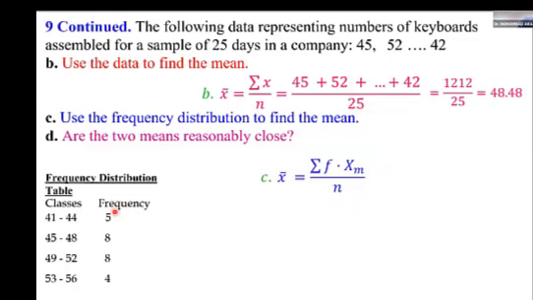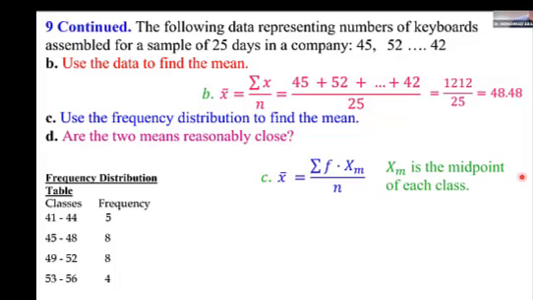They multiply the frequency by these midpoints, where x sub m is the midpoint of each class. As long as you calculate one of them, all you have to do is add the width, 4, another 4, another 4.